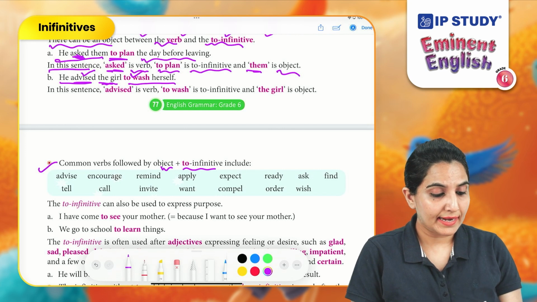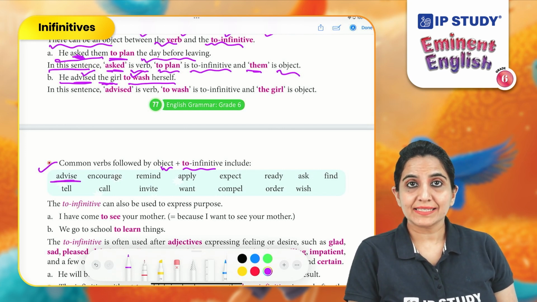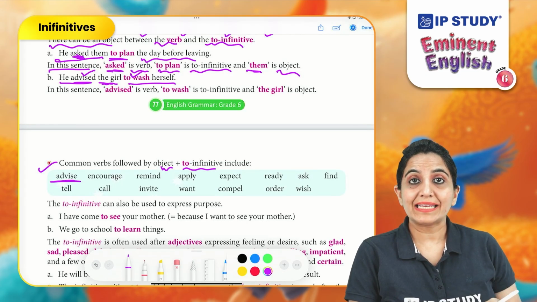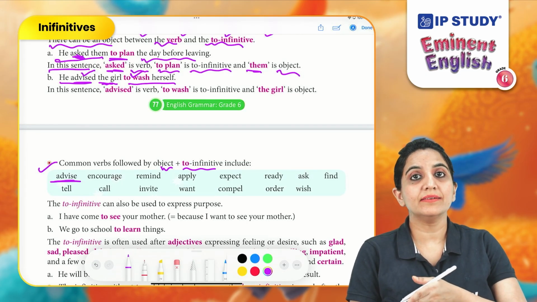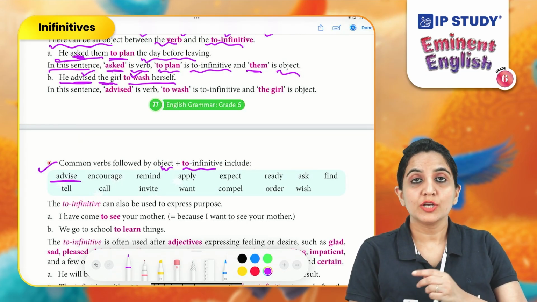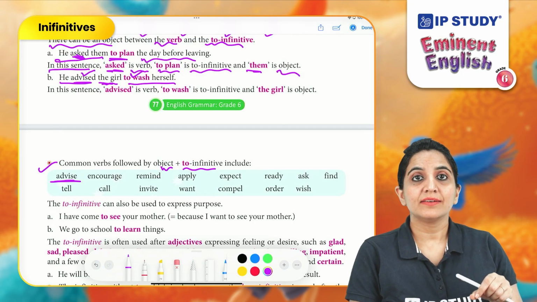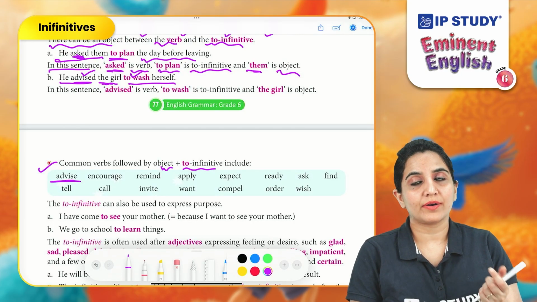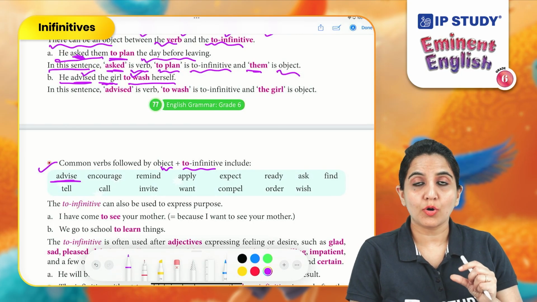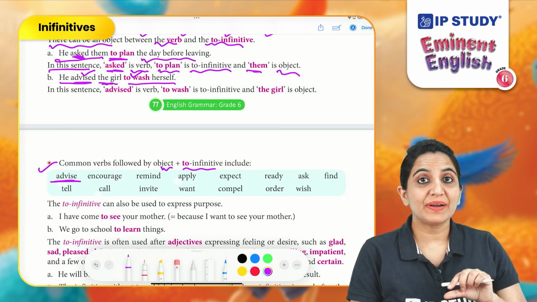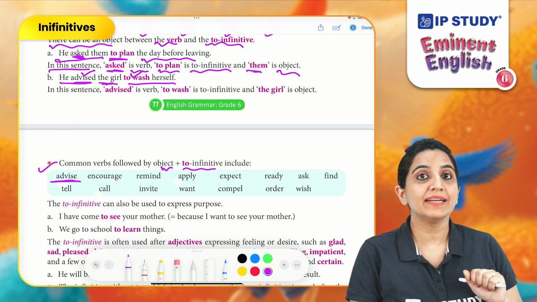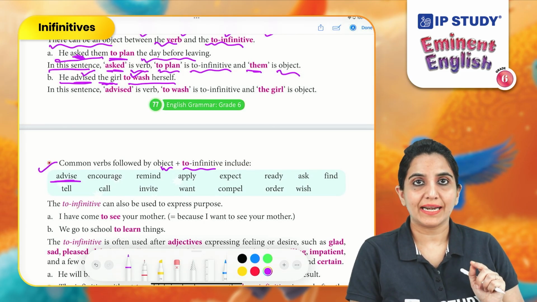These are advise. The doctor advised him to take the rest. So, he advised whom? Him or a friend. This is the object between the verb advise and the to-infinitive.